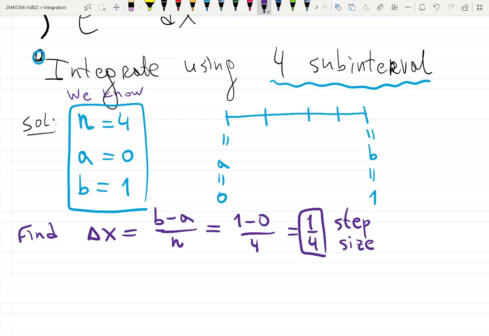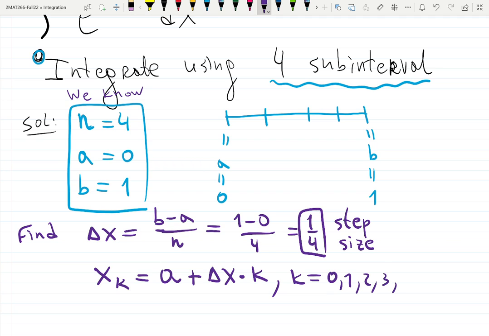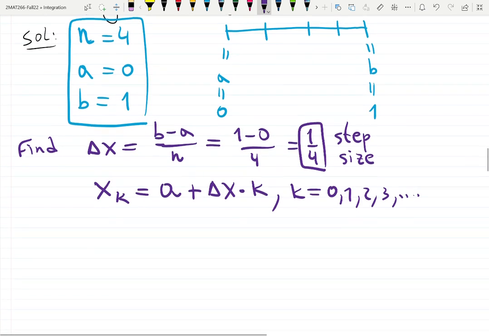Then there is notation which you don't have to remember, but the professional way to write it down: x sub k is the beginning, A, plus step size multiplied by k, where k is the counter from 0 to 1 to 2 to 3 and so on, to n or n minus 1, depending on the situation.